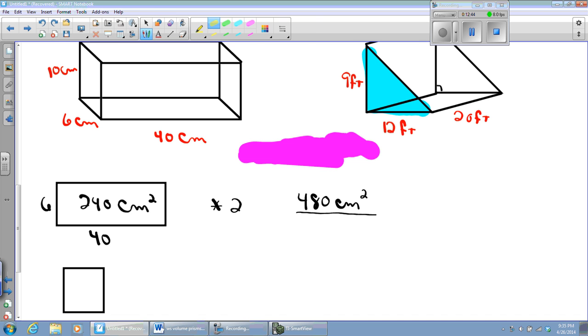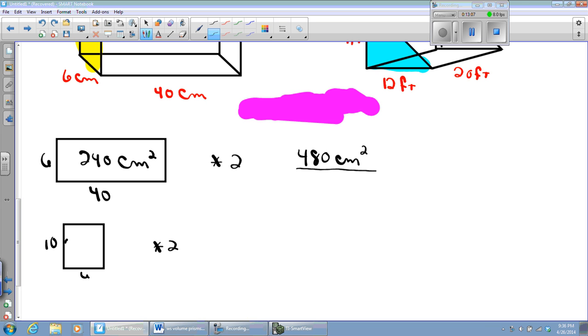Okay, I'll be talking about this side here, and of course, its matching partner over there. Okay, so it's 10 by 6. So I've got 10 this way and 6 this way. And again, there's 2 of them. So I know this area is going to be 60 centimeters squared. Multiplied by 2 will be 120 centimeters squared.